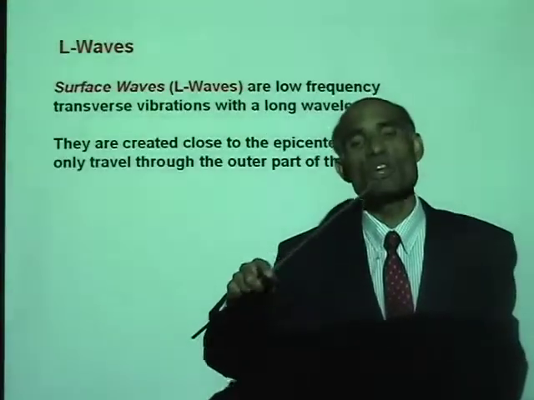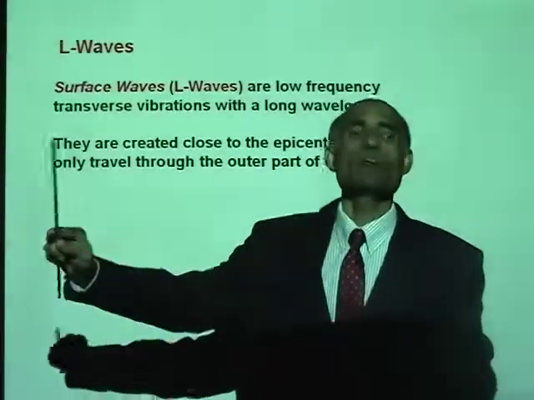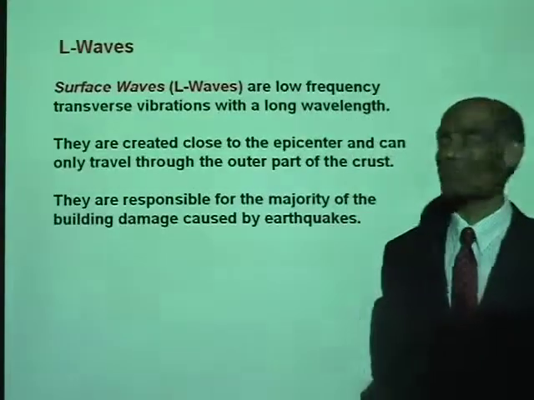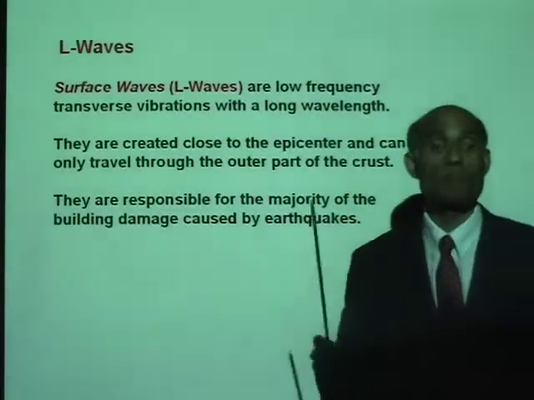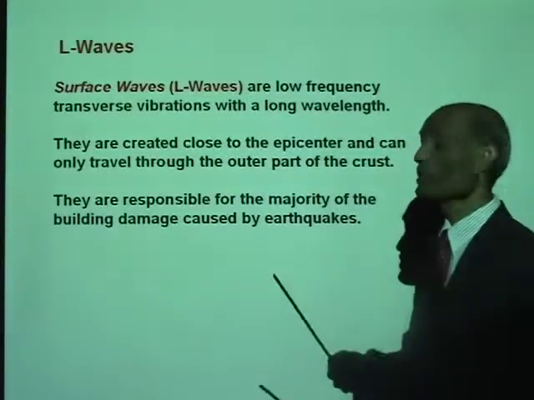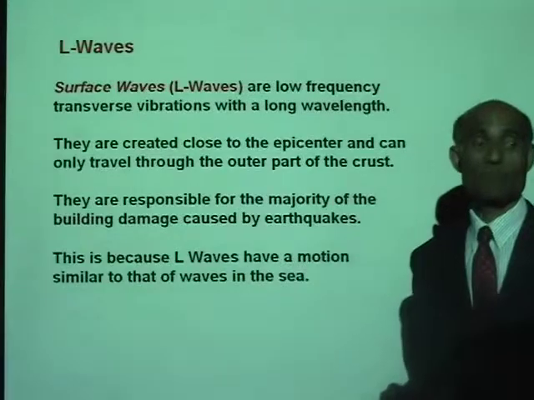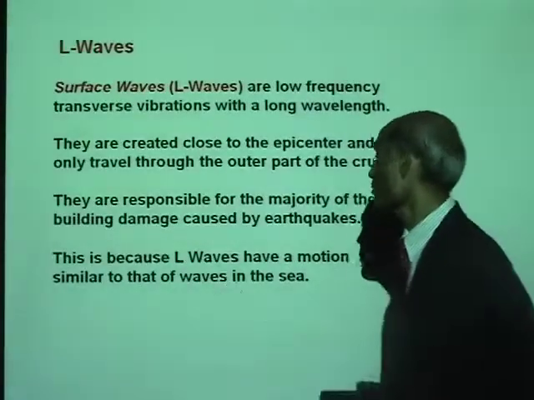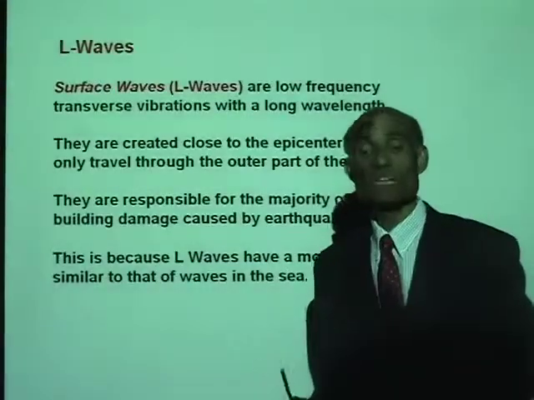These waves will not pass through the interior of the earth. The L waves can only travel through the outer crust, and they are responsible for the majority of the building damage caused by earthquakes as they travel along the crust. This is because L waves have a motion similar to the waves in the sea.